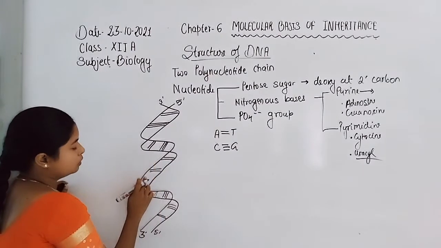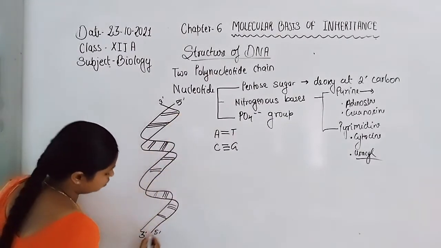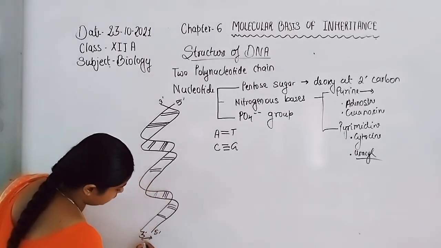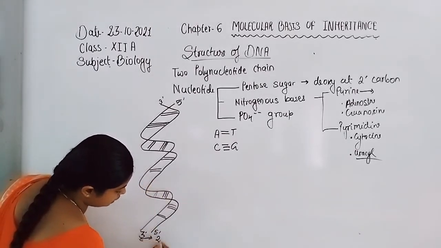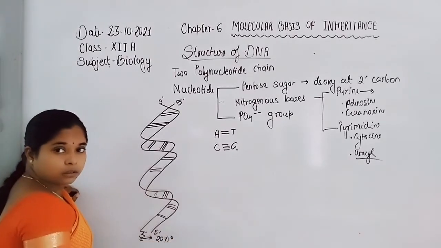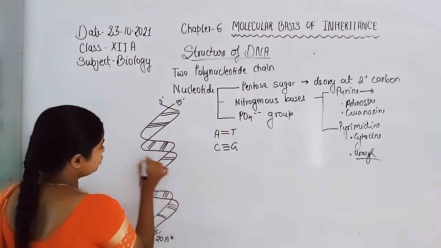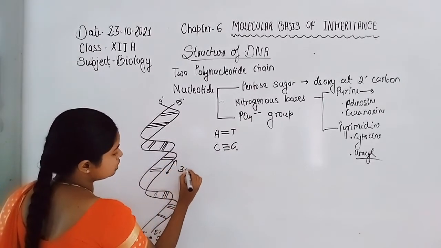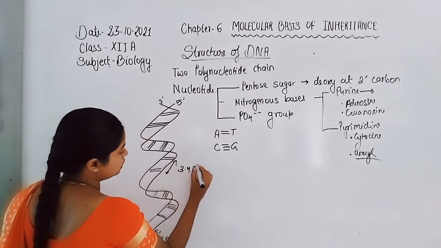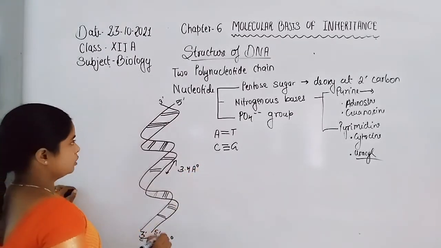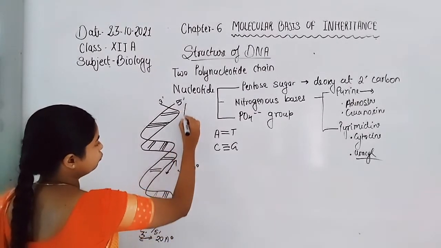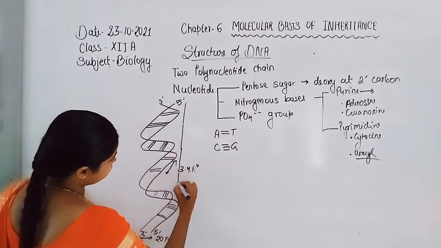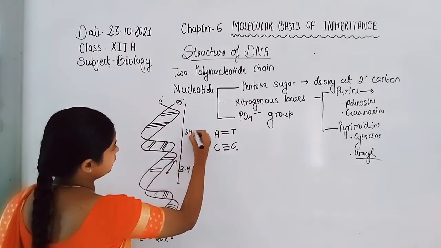Now, if we talk about the measurements of DNA, the width of DNA is approximately 20 angstrom. The pitch of DNA is 34 angstrom, and the distance between two nitrogenous bases is 3.4 angstrom, and the length of one coil is about 34 angstrom.